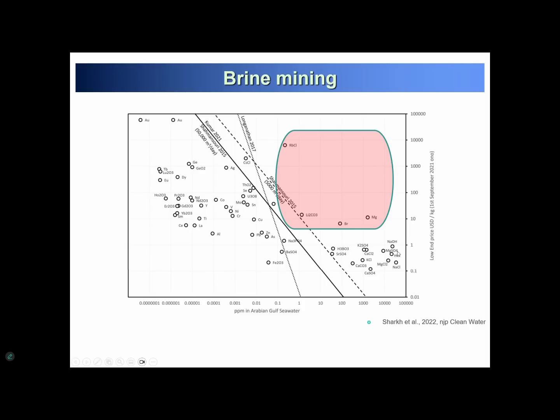Also, even though some have low price, the concentration is relatively high, such as sodium chloride, because of the high concentration in seawater, and calcium carbonate, calcium sulfate, potassium chloride.